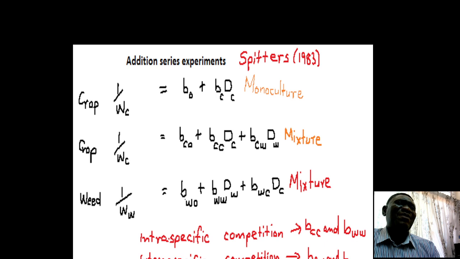Now those values, we can use them to calculate intraspecific competition, which is BCC and BWW, and also interspecific competition, which I can probably highlight from this.